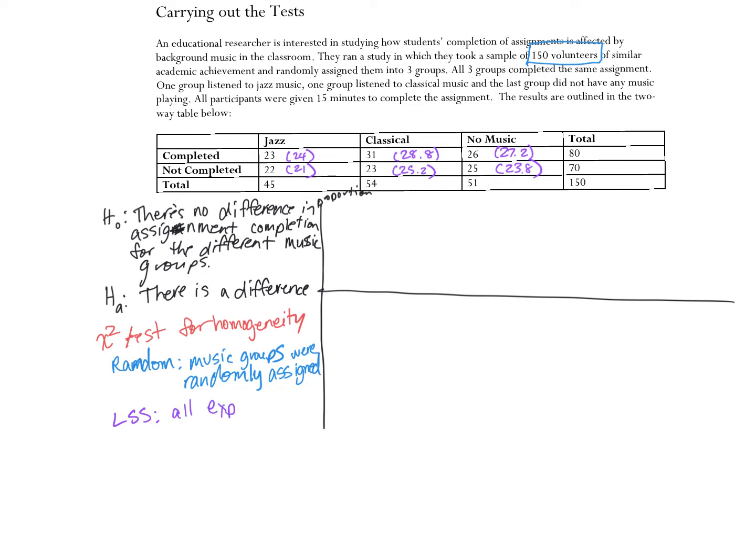Now, on the AP exam, we would not have calculated those yet, right? But we won't until we run our test. So at this point, I would probably just go in and run the test and go back and look at the calculator to get those values. Okay? All right? And then independent.